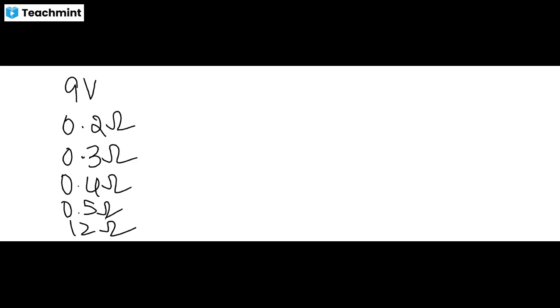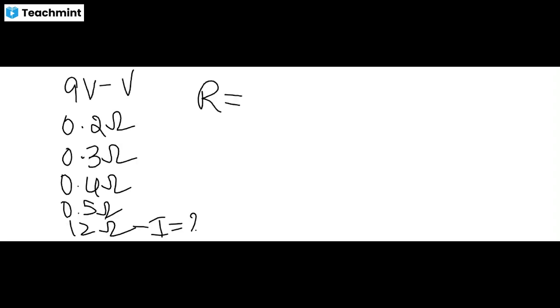So what should you do in this? Current through the 12 ohm resistor you should calculate. V is IR, the potential difference is given. All the resistors are connected in series, so you should take the equivalent resistance of the circuit.